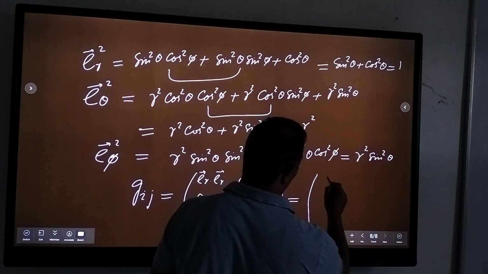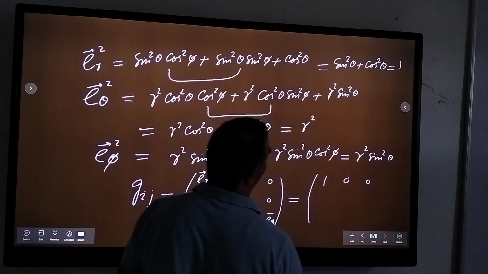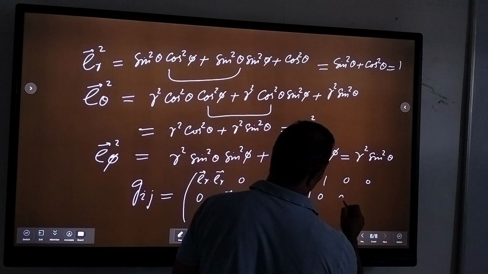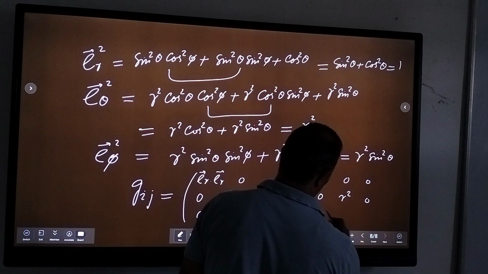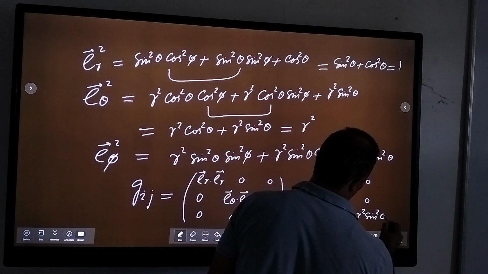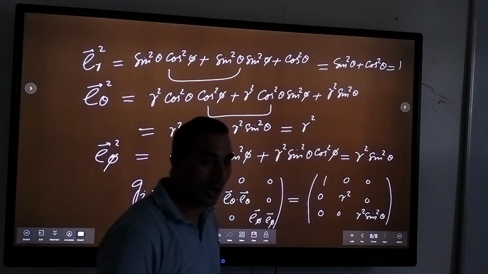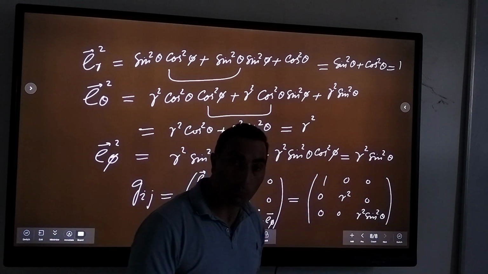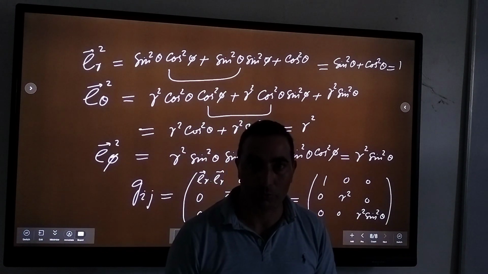So this will be 1 0 0, and similarly for the second, this will be 0 r square 0, and 0 0. So this is how I calculate the components of the metric tensor with the help of these basis vectors.